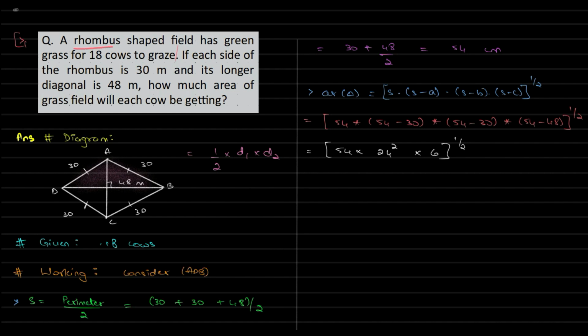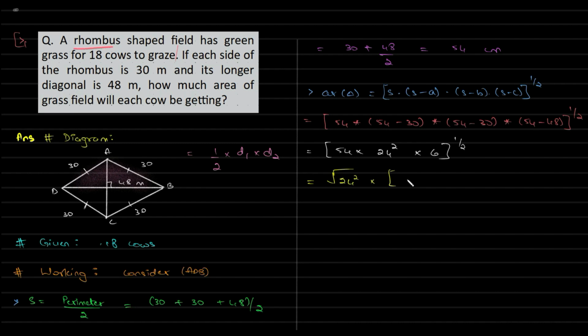Okay. And now this is where you have to think over how to calculate. I already gave a clue. The calculation part is the tricky part over here. So we have the square root of 24 square into 54.